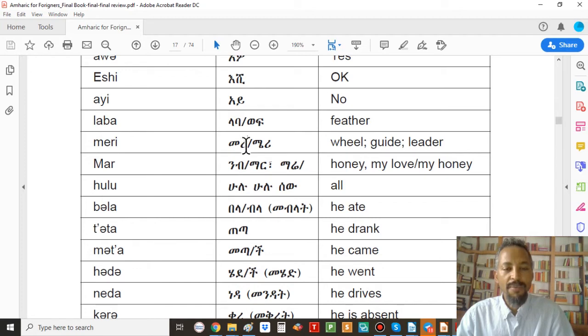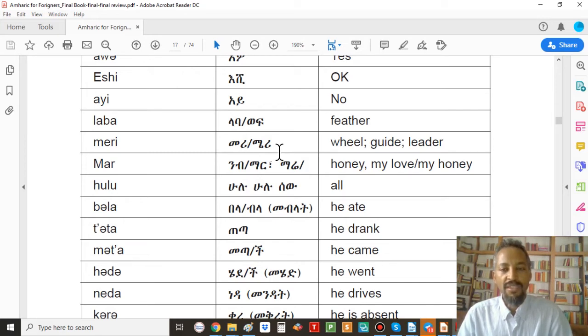Learning the Amharic alphabet helps you to learn and pronounce words originally. It avoids the confusion, and that's why I insist on having my students first study the alphabet.